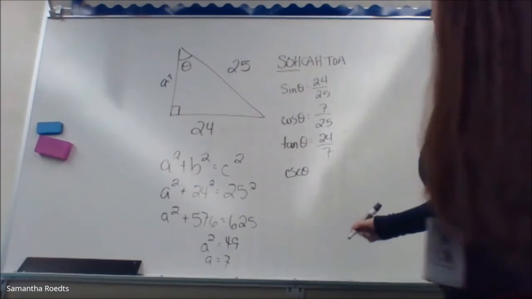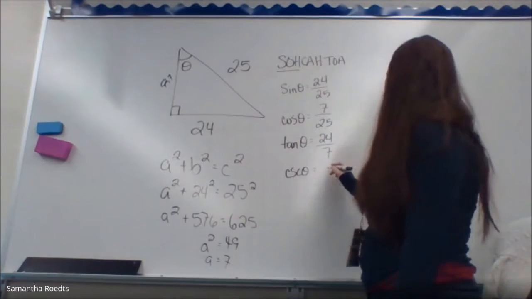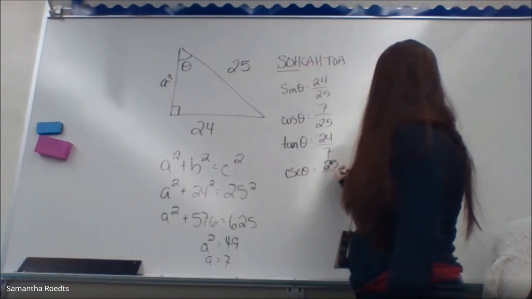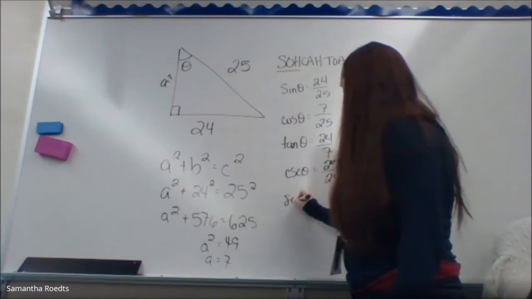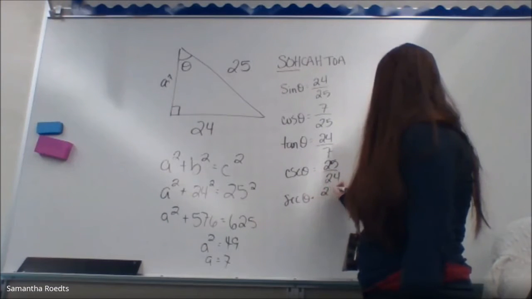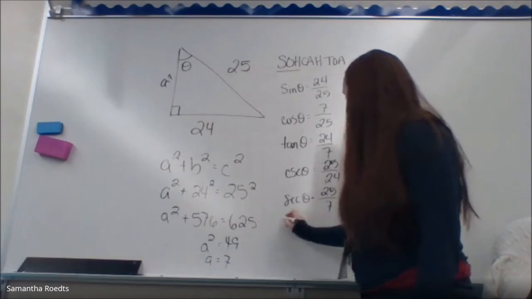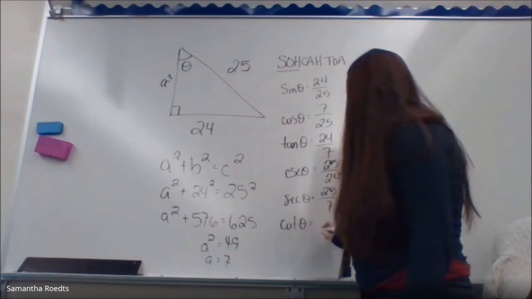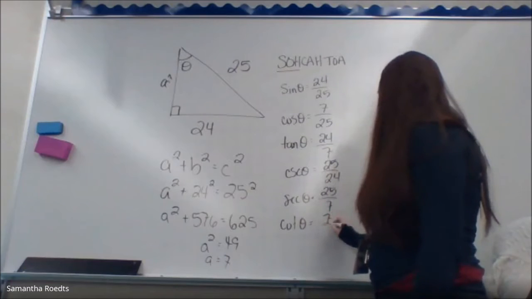Cosecant is the inverse of sine, or the reciprocal. Secant theta is the reciprocal of cosine, and cotangent theta is the reciprocal of tangent.